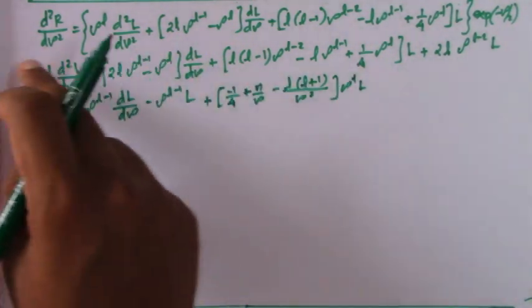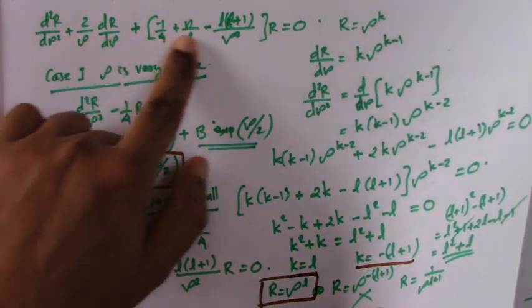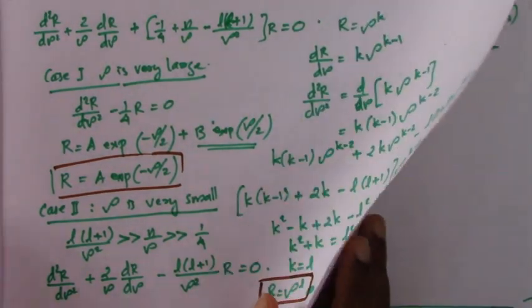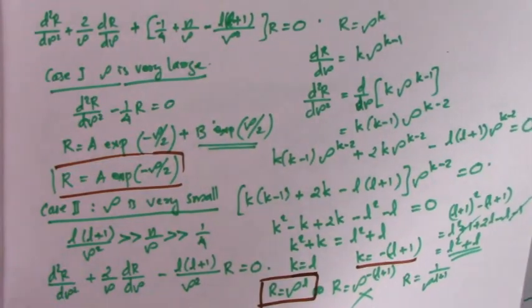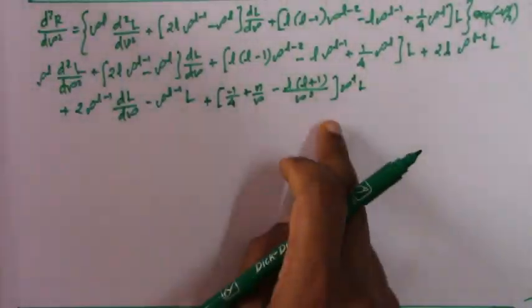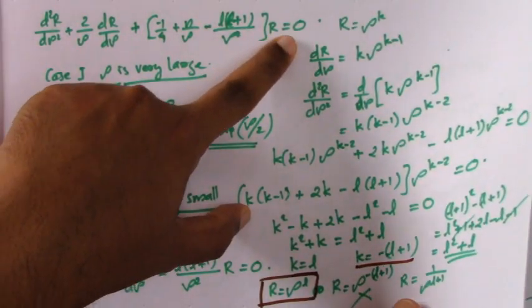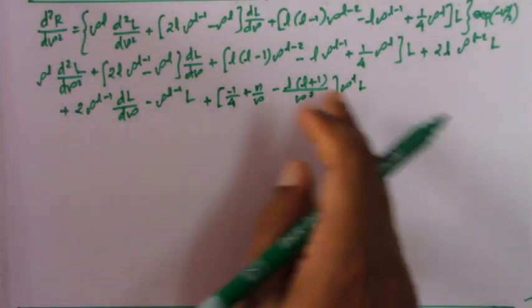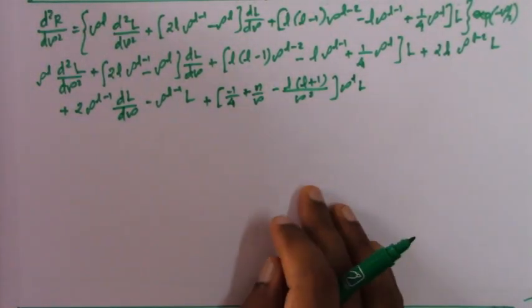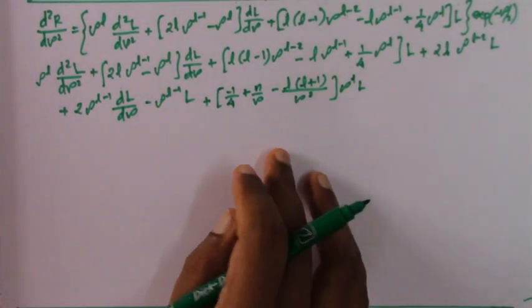So we have expanded the R equation by substituting for d square R by d rho square, dR by d rho, and R, and in all the terms we have exponential minus rho by 2, and that is equal to 0, because the right hand side is 0. So we can divide the whole equation, left hand side and right hand side, both with exponential minus rho by 2.